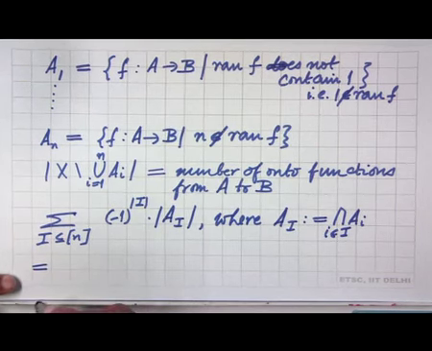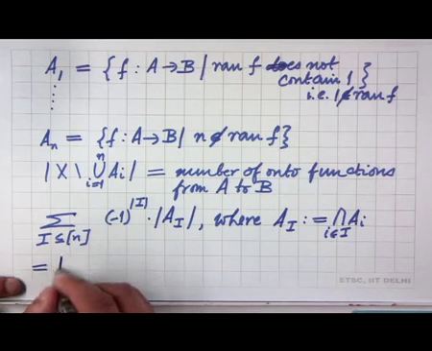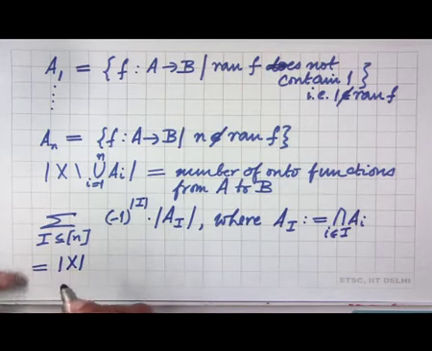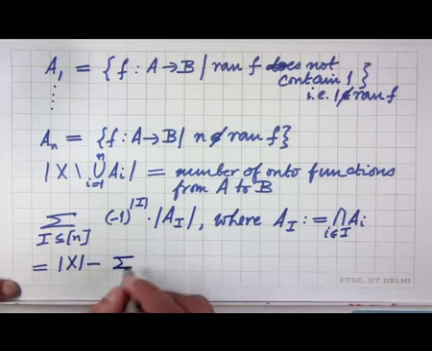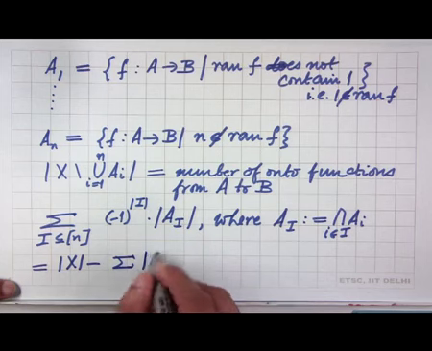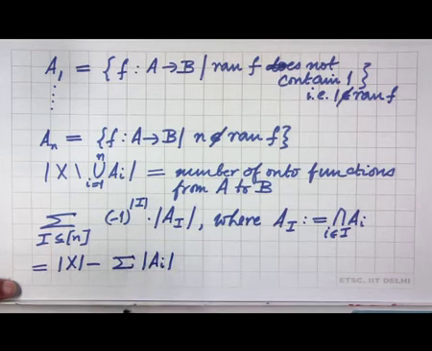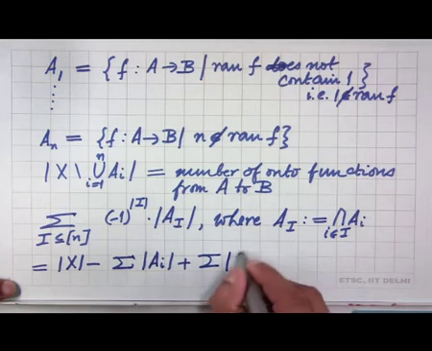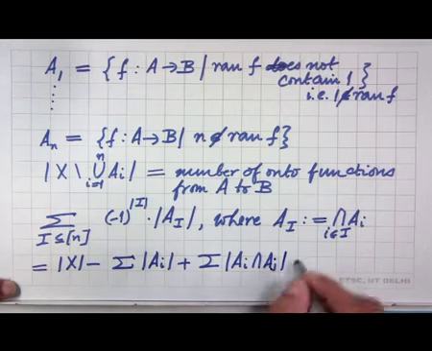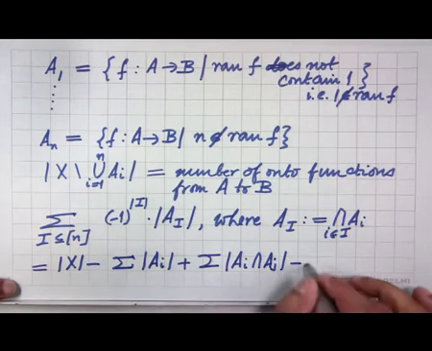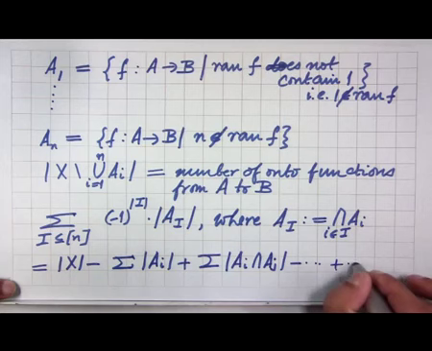Corresponding to I equal to the empty set, and we did this in the first lecture, we get the singleton set X. And then there is a bunch of sets that we need to intersect one at a time. This is simply the cardinality of the AIs, followed by plus cardinality of the sets that look like AI intersection AJs, and then a minus 3 at a time, and I put dot, dot, dot, and plus 4 at a time, and I put dot, dot, dot.